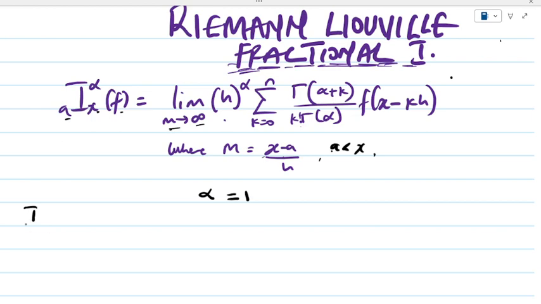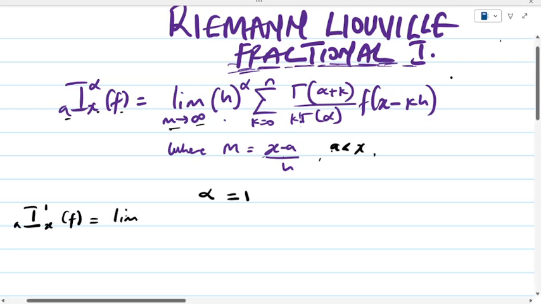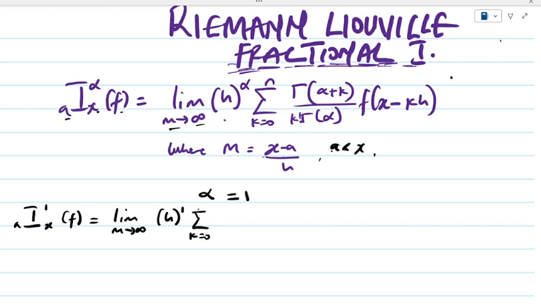So we are going to have the integral of order 1 from a to x of f equals the limit as m tends to infinity of h to the power 1, summation k equals 0 to n, gamma 1 plus k over k factorial and gamma 1, f of x minus kh.